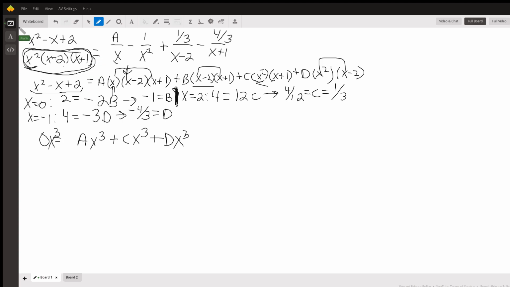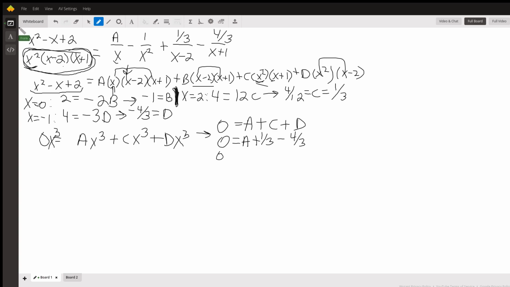times x cubed equals ax cubed plus cx cubed plus dx cubed. In other words, 0 equals a plus c plus d. I don't know what a is, so I'll leave it like it is. I do know what c is, plus 1/3. I do know what d is, negative 4/3, so I'll just write negative 4/3 instead of plus negative 4/3.